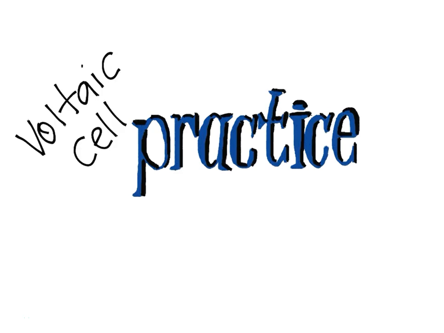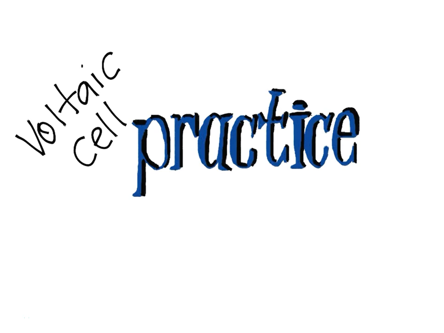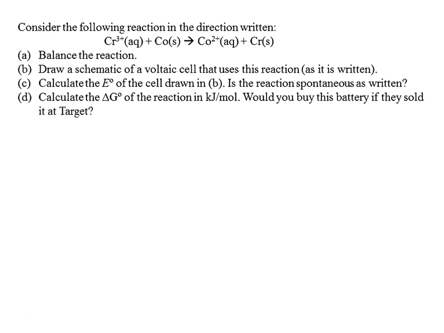Okay, practice. Voltaic cell practice, to be more specific. Here we have a reaction, and we're going to consider it in the direction that it is written. I'm going to start by balancing it.